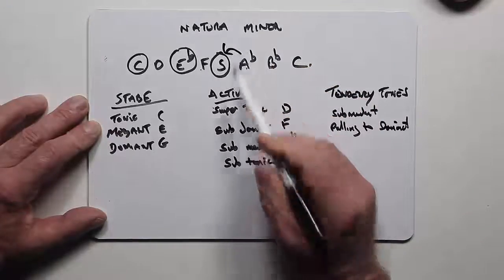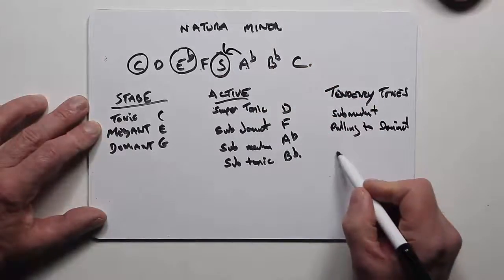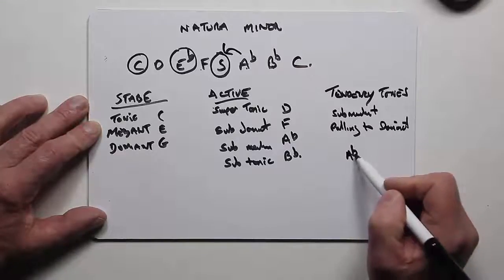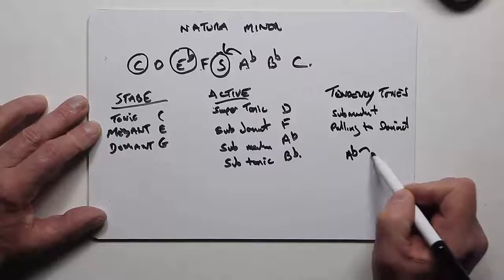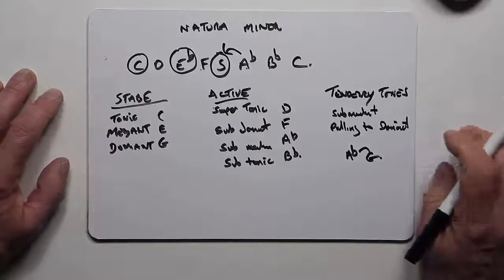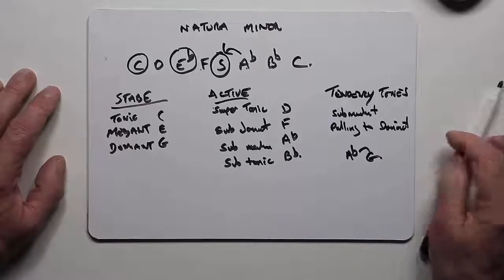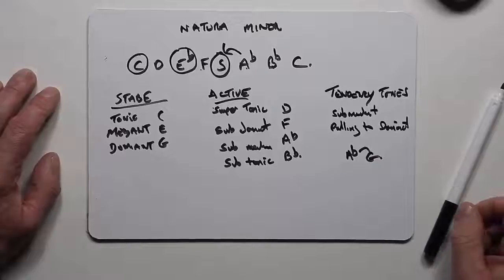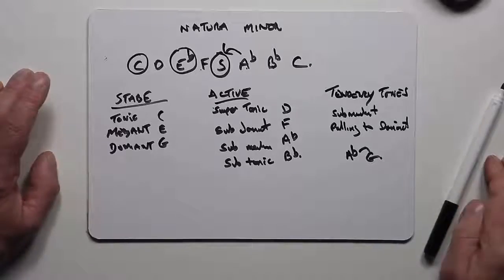Right, so in this one it would be A flat, right? That's the submediant pulling towards the dominant G. Okay, that's the only tendency tone in natural minor. So hope you wrote that down, and we'll have a look at the other minor scales.